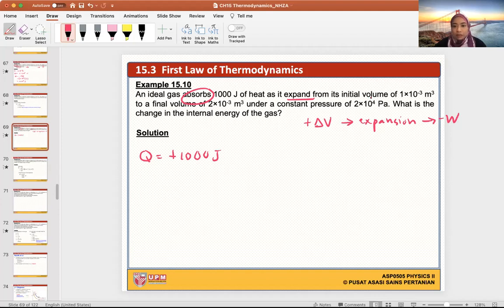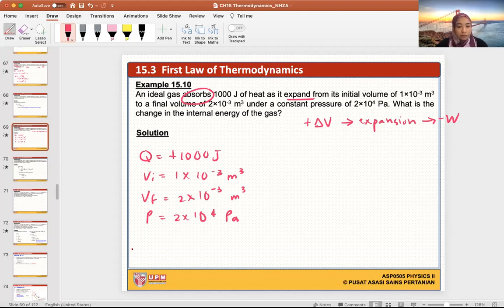From its initial volume, V initial is 1 times 10 to the minus 3 meter cube, to a final volume of 2 times 10 to the minus 3 meter cube. Under a constant pressure, P equals 2 times 10 to the 4 Pascal. What is the change in internal energy of the gas?